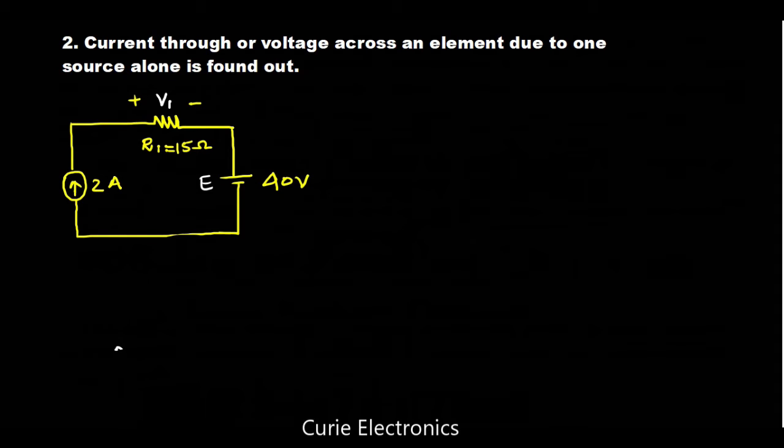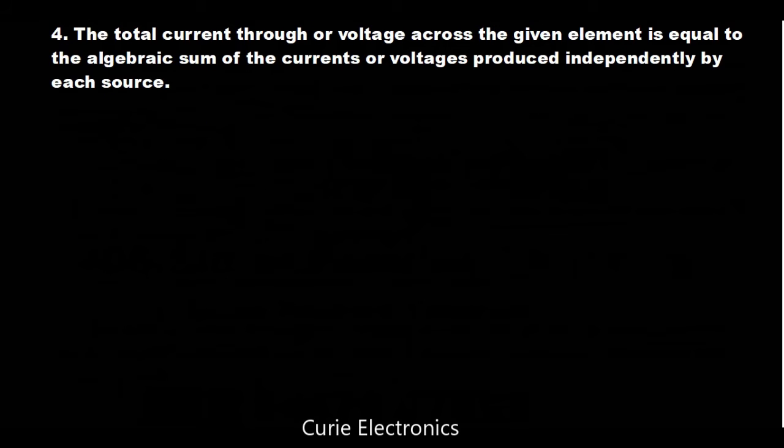What is the next step? The current through or voltage across an element due to one source alone is found. So what did we get? V1 dash we got as 30 volt, and V1 double dash we got as 0 volt. After that, what we had to do?